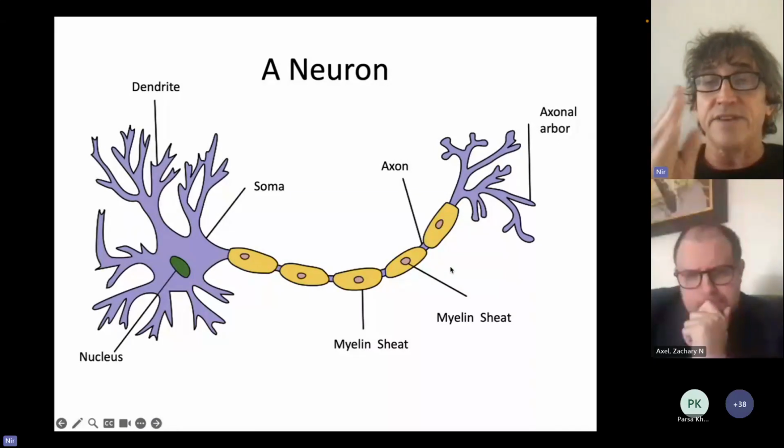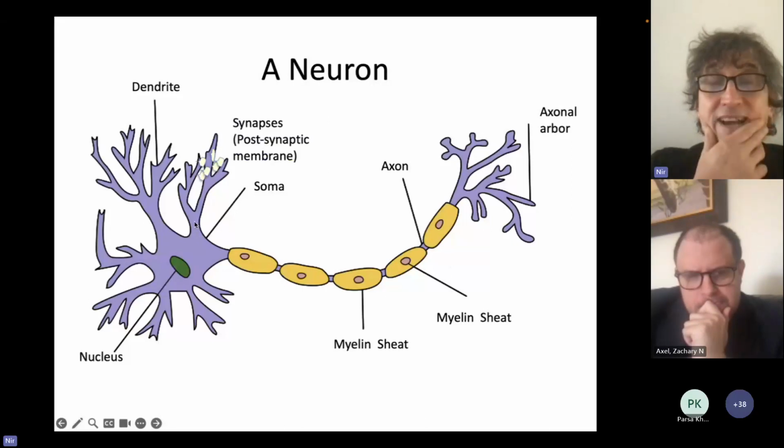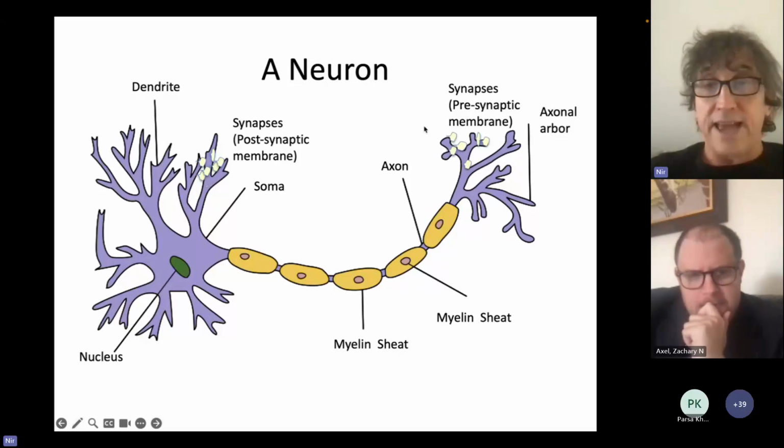So you've got a way of sending information across from the input area, if you can see my cursor, to the output area. This cell receives chemical inputs along connections called synapses from other neurons, and outputs information through synapses to other neurons.